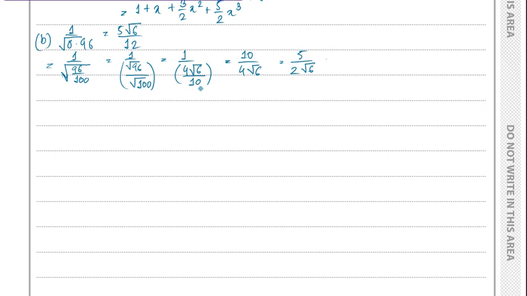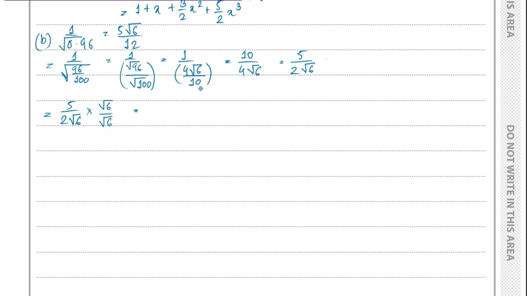If we need to bring the root 6 in the numerator, then we have to rationalize the denominator. So how can we rationalize the denominator? It's a very simple process. I will just multiply the root 6 with the numerator and also with the denominator.